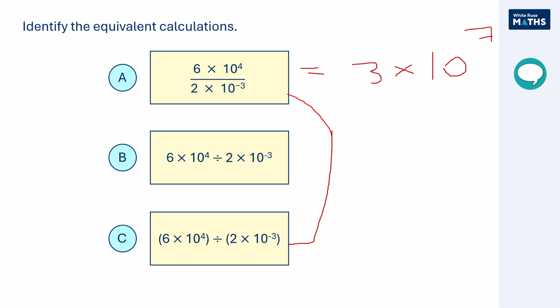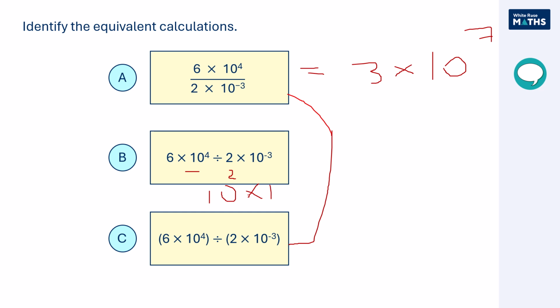Now that actually also goes for the previous slide. I forgot to actually mention that. So you have to put brackets to make it clear. Otherwise, for B, I would obviously have to use BIDMAS. So I would have to do 10 to the 4 divided by 2 and then times by 10 to the 3. So that would have given you what? Sorry, not 10 squared.